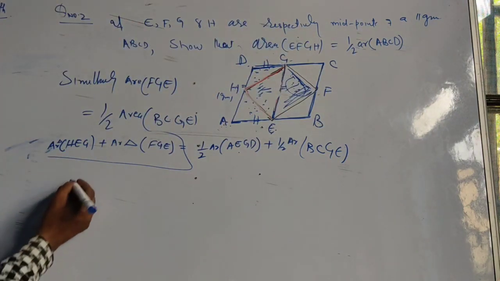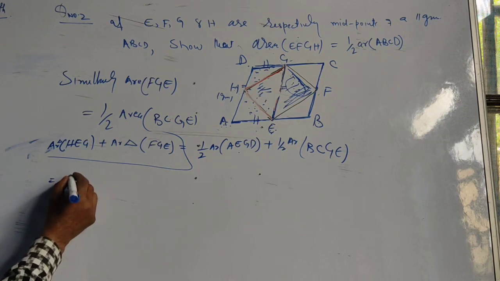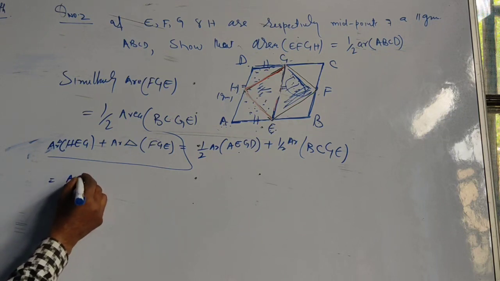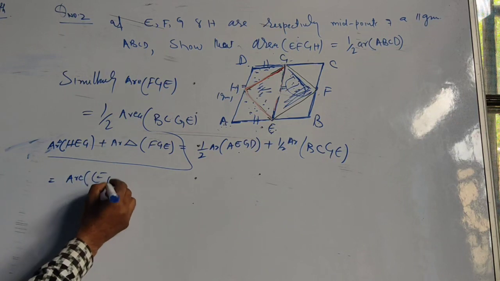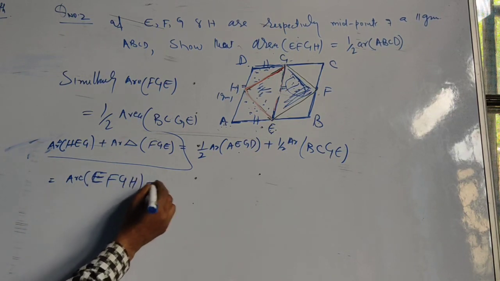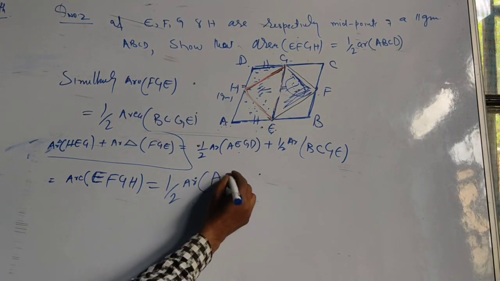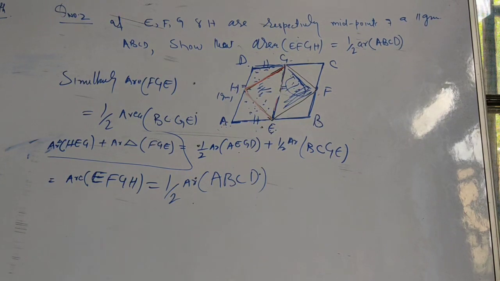Therefore, area EFGH is equal to one half area ABCD. It is a very easy question, you have proved this.